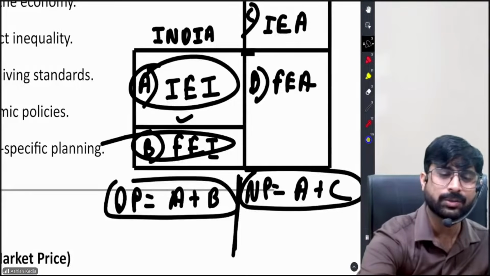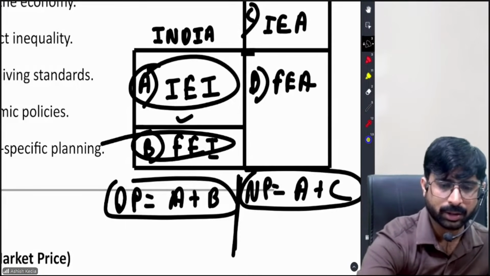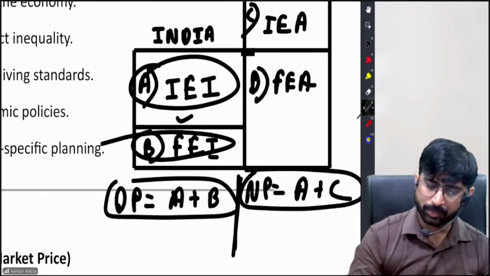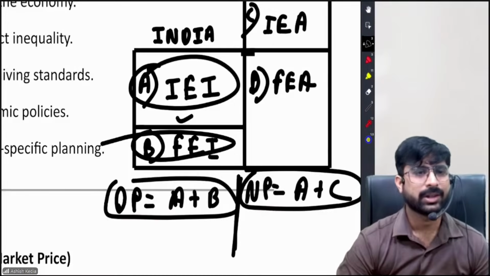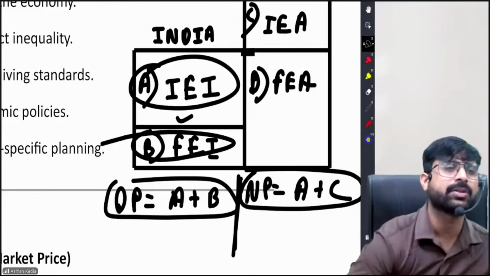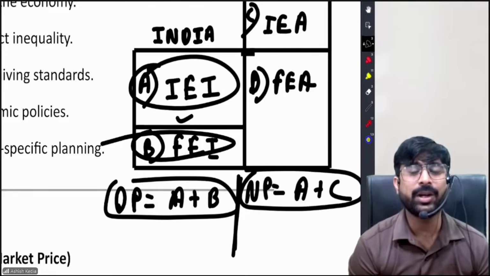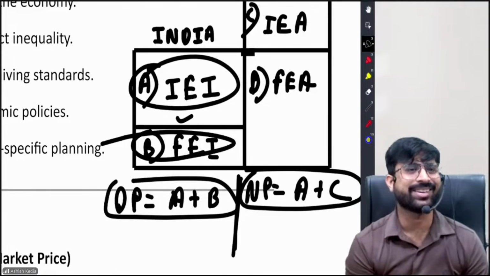So there are two terms I have told you interchangeably. Both are very important. So domestic product is A plus B and national product is A plus C. Domestic product is the value of goods and services produced within the domestic boundaries of a country, and national product is value of goods and services produced by the normal residents of a country.